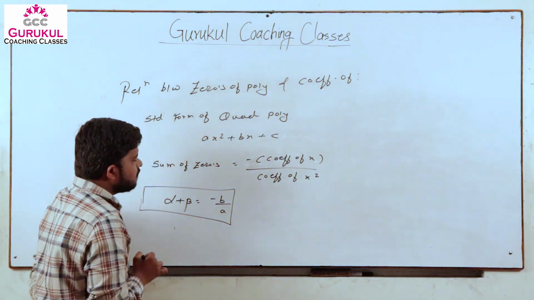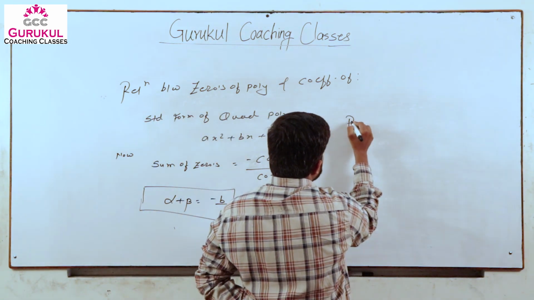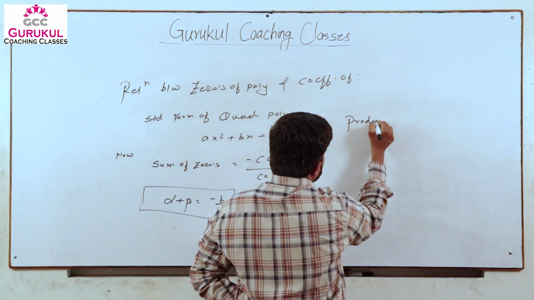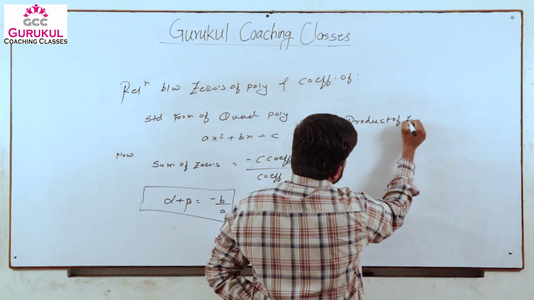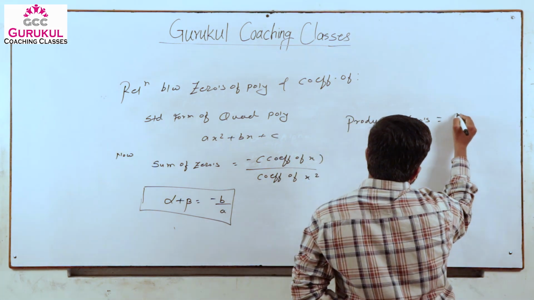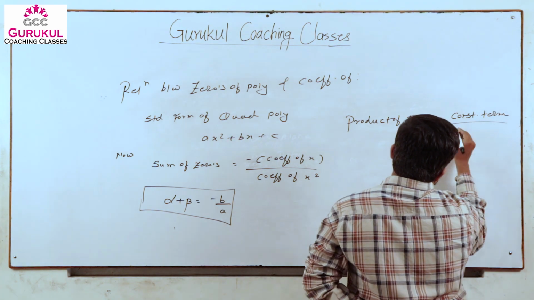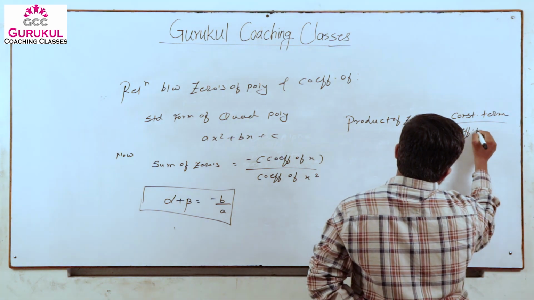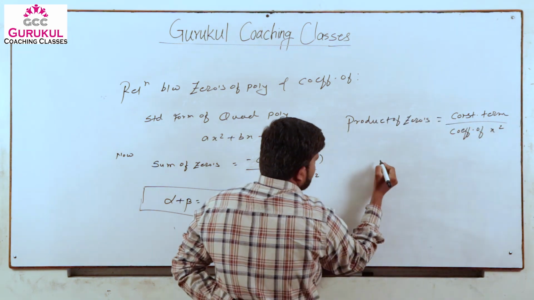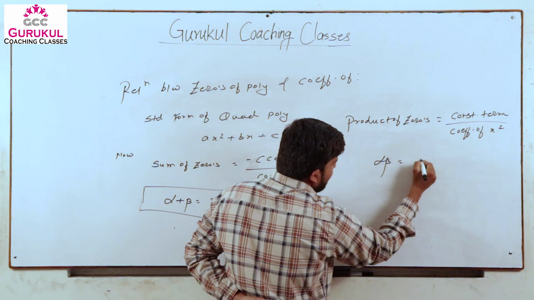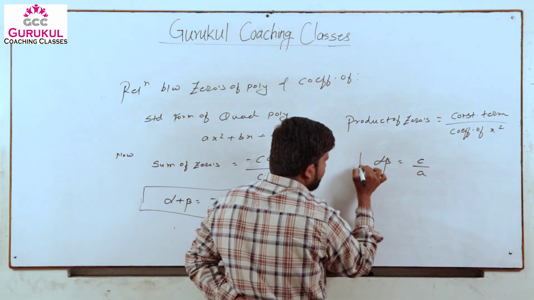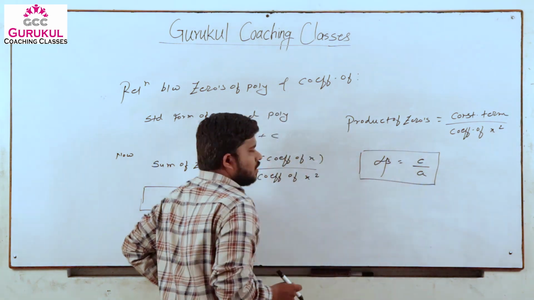First relation. Second, the product of zeros is equal to constant term upon coefficient of x square, alpha into beta equals c upon a.